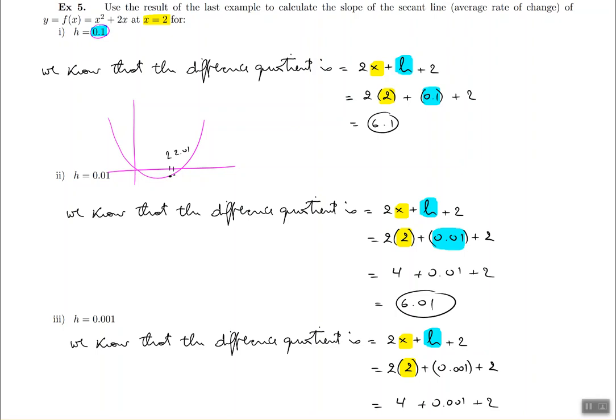The line connecting these two dots, that line has a slope of 6.1. That's what this work basically shows us. And the smaller the gap is, the closer the numbers are to each other. Ultimately, if the gap is super tiny, almost 0, there's no more secant line. It becomes called a tangent line. That's where we're going with all of this discussion ultimately.